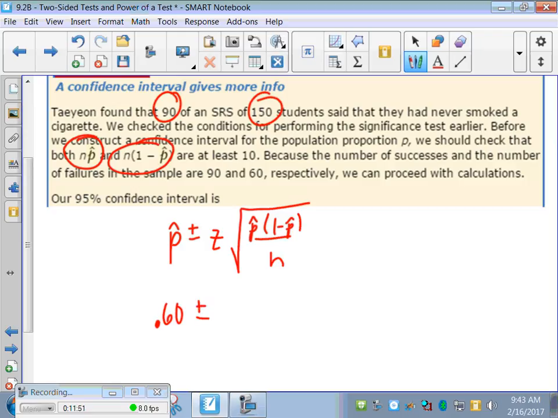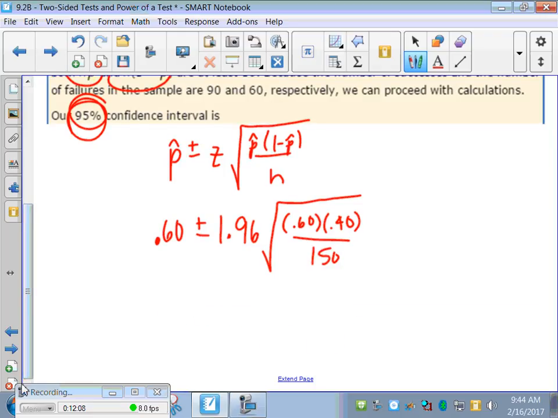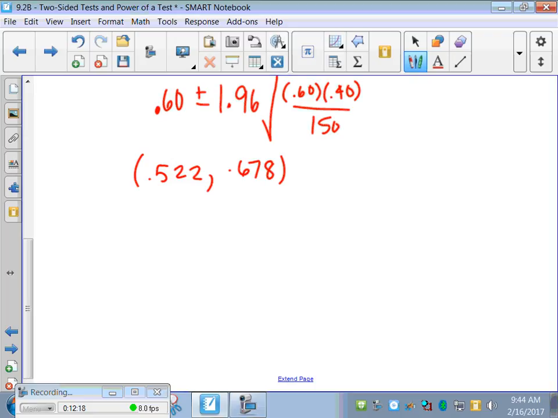We're doing 95% confidence, so if you do inverse norm, anyone memorize that z-score? Yep, 1.96, okay. And then plug this in, 0.6, 0.4 over 150. This is going to give us our confidence interval in case you forgot how to do it. So we get 0.522, 0.678.